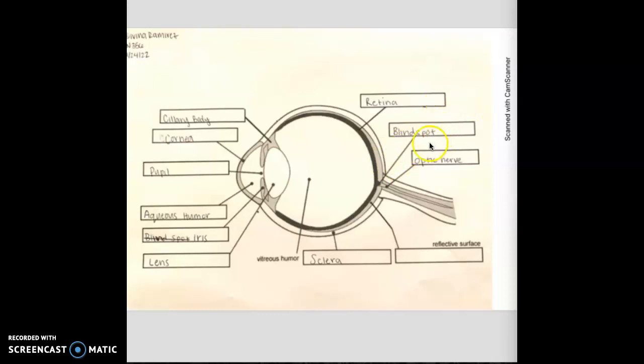That blind spot is where the optic nerve and blood vessels leave the eyeball, and the optic nerve is connected to the brain. It carries images to the brain where they are all processed.